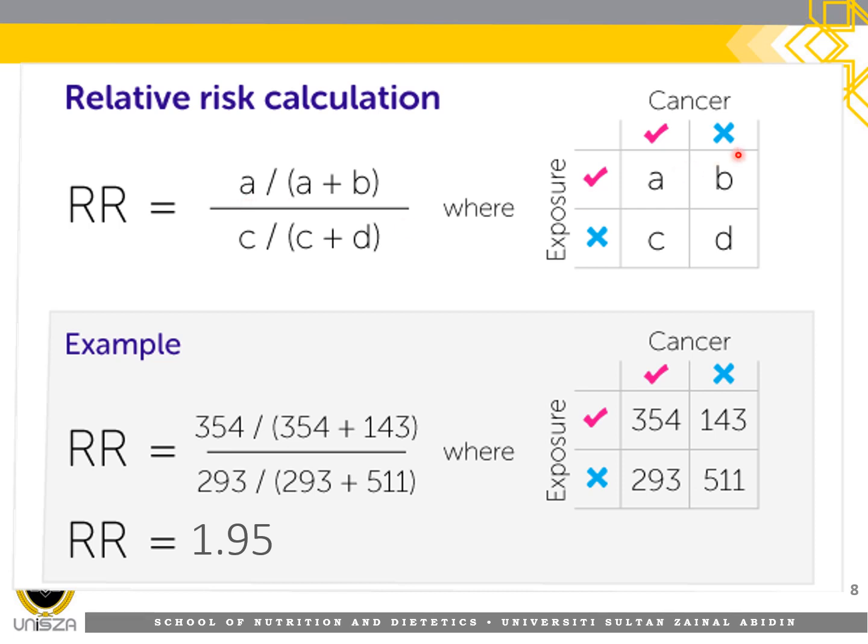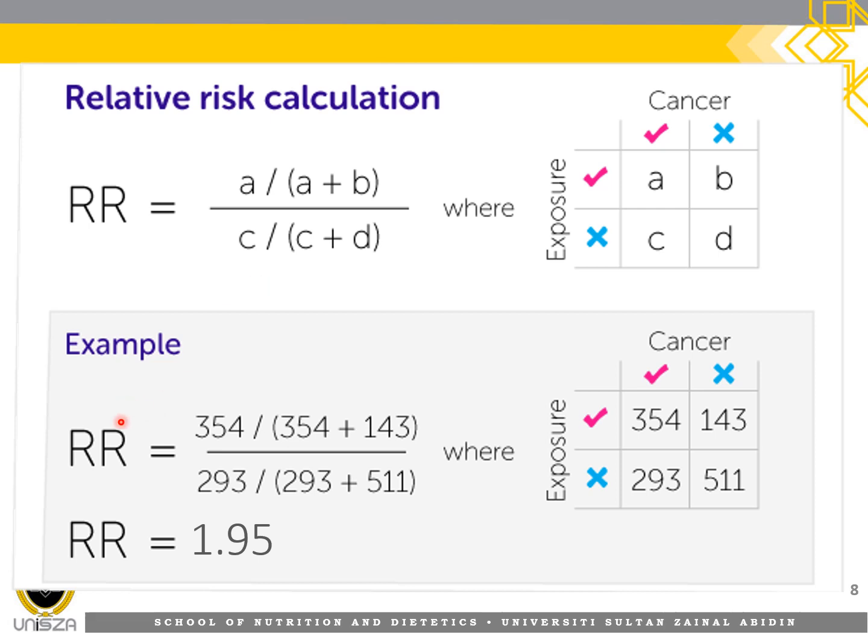So A is those who have the incidence with exposure, divided by the total of those who are exposed, meaning A divided by A plus B. And this figure is divided by the incidence among those who are not exposed. So C is divided by the total who are not exposed, C plus D.